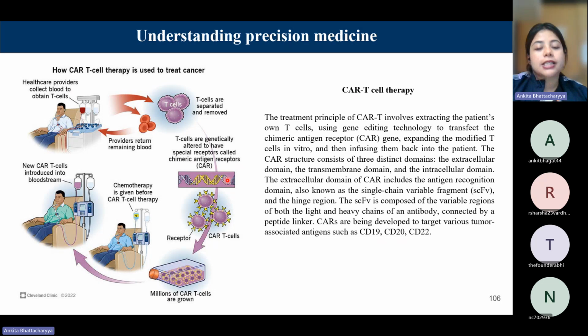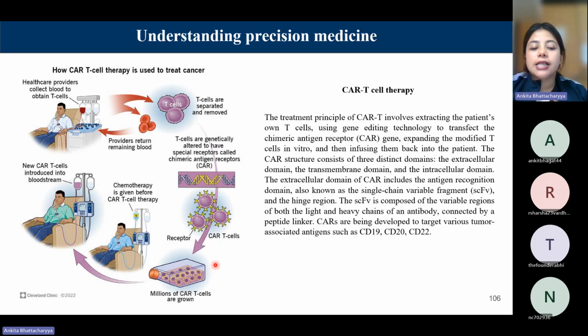This chimeric DNA is getting transcribed and translated and is being expressed on the surface of the T cells as a new antigen, which is a chimeric antigen, and it is being displayed on the surface as a T cell receptor.